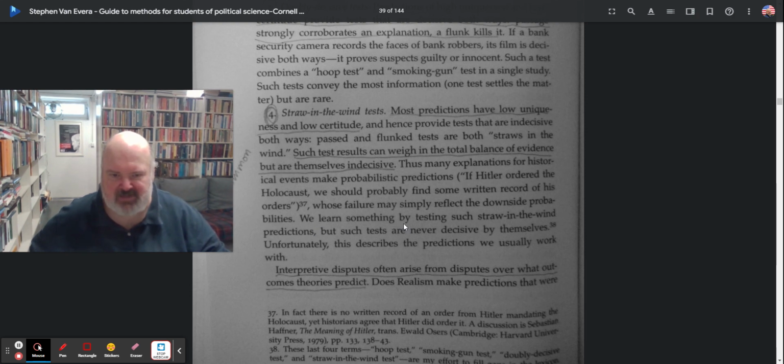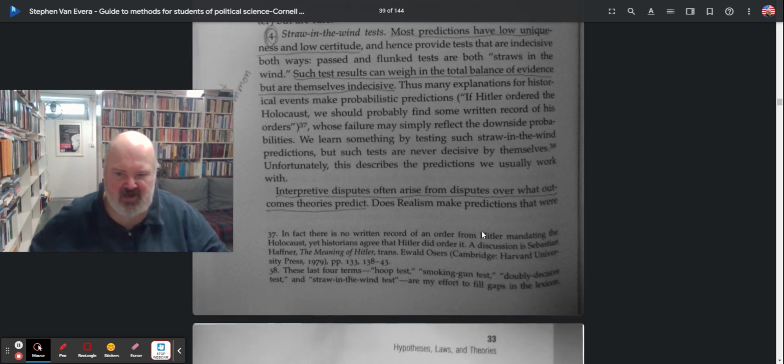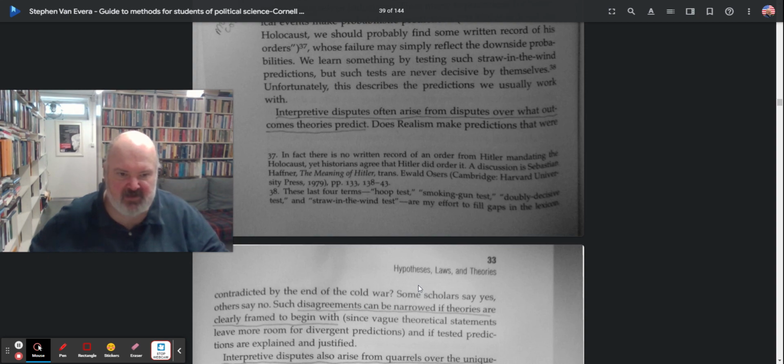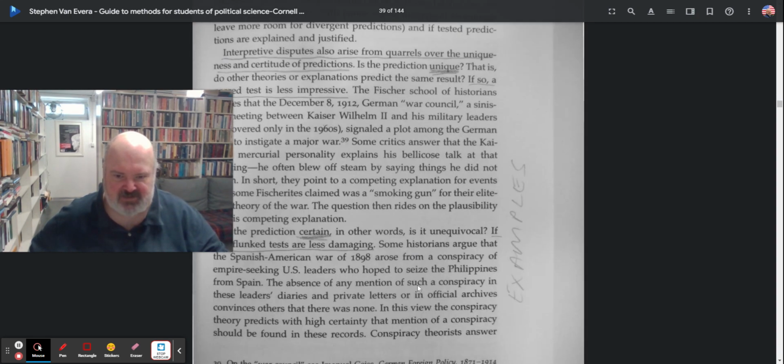We learn something by testing such straw in the wind predictions, but such tests are never decisive by themselves. Hence, the four terms, hoop test, smoking gun, double decisive test and straw in the wind, are my effort to fill gaps in the lexicon. This is his understanding of these terms.